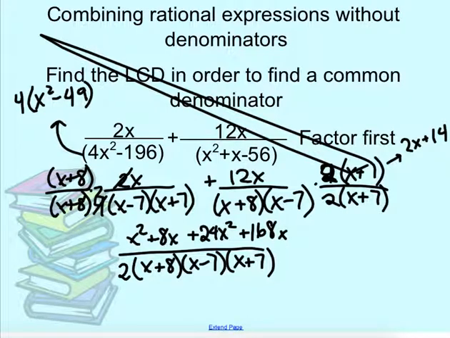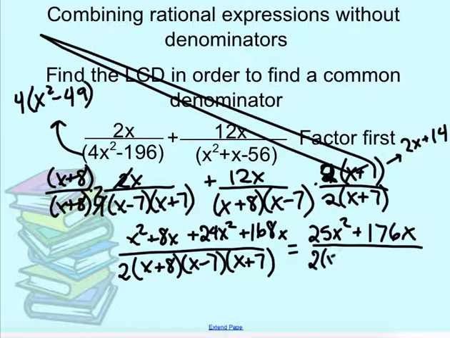Which means really what I need to do is combine like terms in the numerator to say I have 25x squared and 176x over 2 times x plus 8 times x minus 7 times x plus 7.